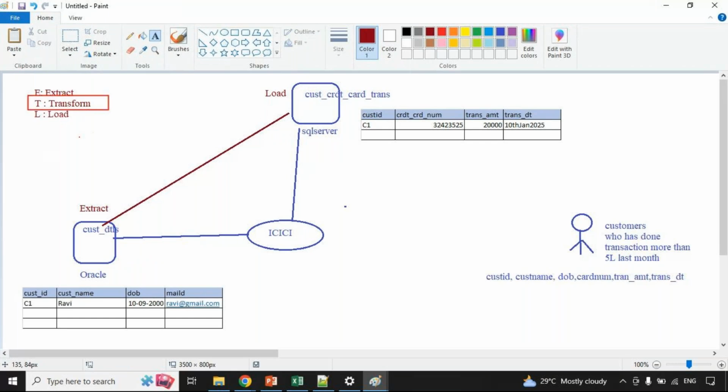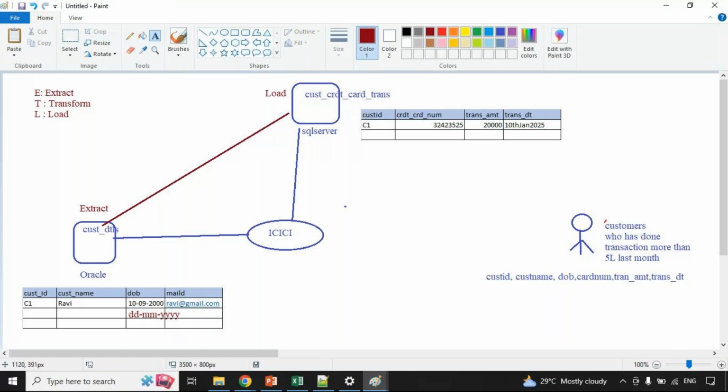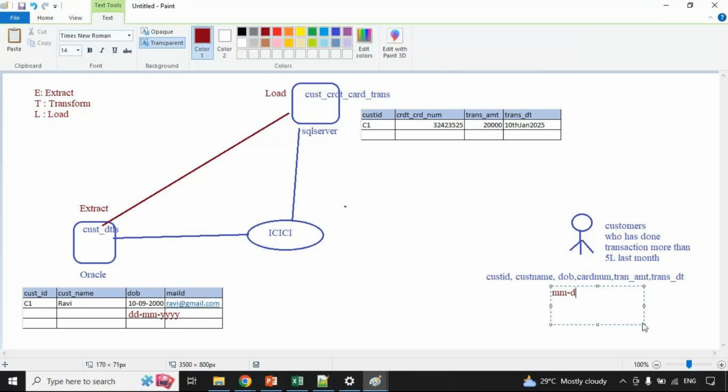Transformation. For example, as per the customer details in the table, the date is in DDMMYYYY format. But here he would like to see the date of birth in MMDD format.